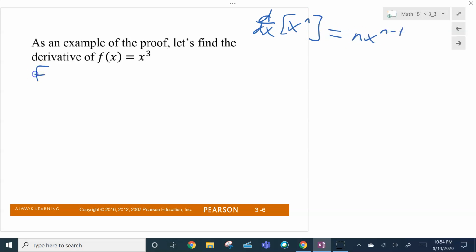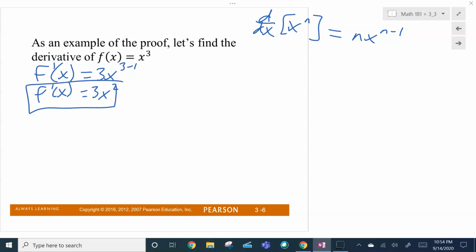Okay, so for this one, the derivative would be 3, so the n goes in front, x to the 3 minus 1, so 3x squared. Okay, that's the derivative according to the rule. Now, to prove that, we'll just use the alternate form of the derivative and show you that you actually get 3x squared.